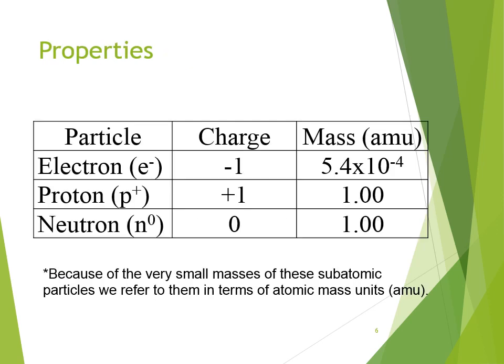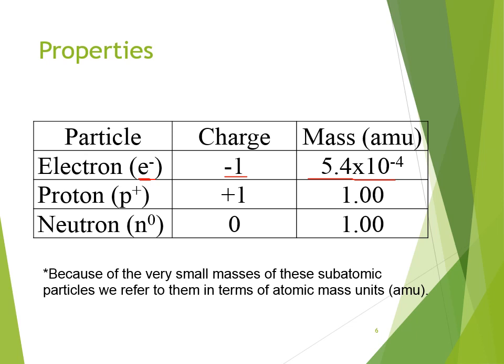Here's a table summing up some properties that you need to know of the 3 subatomic particles. The electron is often represented with this e-1. You'll see me write shorthand on the board when I'm doing problems. When I write e-1, I'm talking about electrons. Their charge is -1. The mass is 5.4 times 10 to the -4th. No, you do not have to remember that mass. You'll notice that the mass is very small.